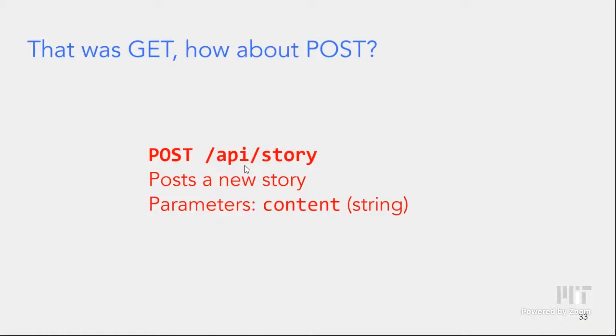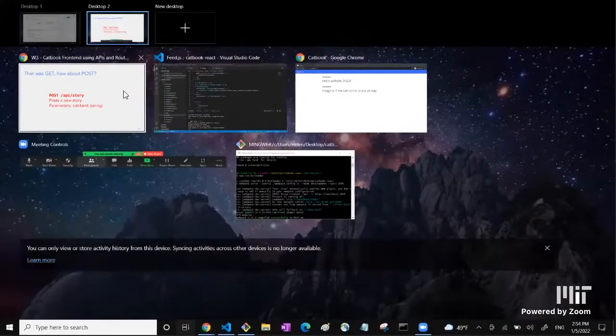And so that's what we're going to do. We're going to post to the /api/story endpoint to add a new story onto our feed. And this time, notice there's a parameter. The parameter is now content, which is basically the content that you want to post to the server, to the API.